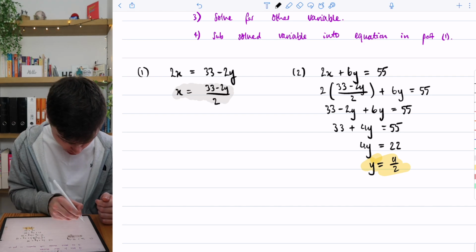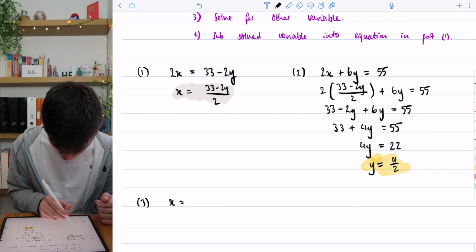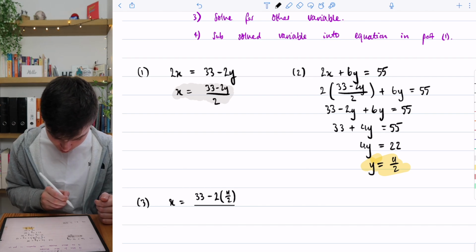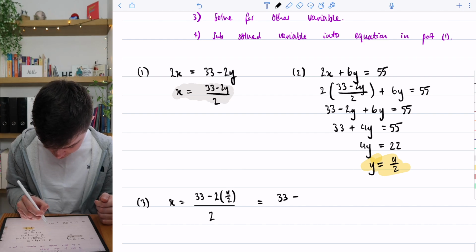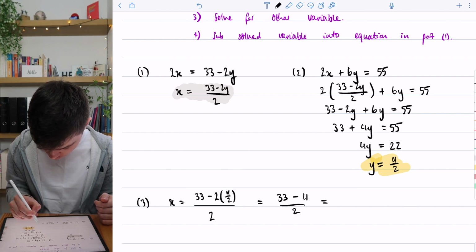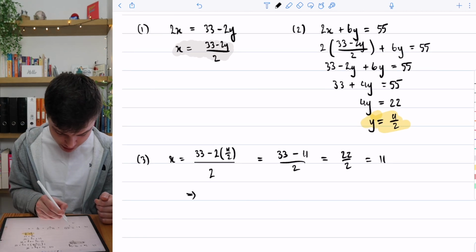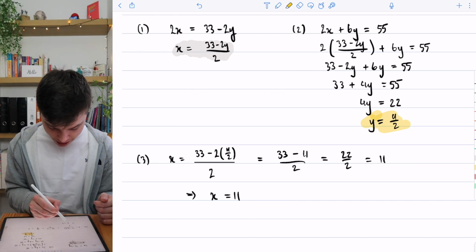No, we don't. Okay, so part 3 says x will be equal to 33 minus 2 times 11 over 2, divided by 2 on the bottom. That will give me 33 minus 11 over 2, which will be 22 over 2, which is 11. And so that tells me x is equal to 11. And that's exactly what we had originally.